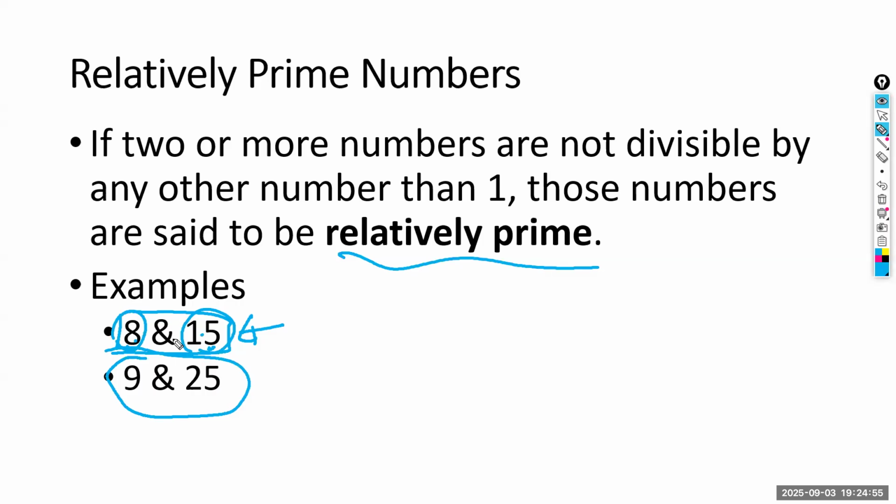Now, how many concepts? Trapdoor function, discrete logarithm, prime numbers, relatively prime numbers. For example, are these two relatively prime numbers? 12 and, okay, let's say 21 and 28.